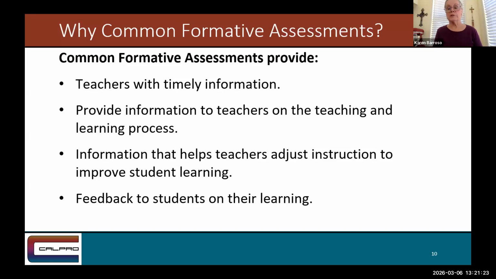It gives information that helps teachers adjust instruction to improve student learning. That's your inquiry into what's happening in this class and that class, and then feedback to students on their learning. You'll notice on the rubrics that you develop that you can actually give real-time feedback to students so they're aware of their learning and where their gaps are.